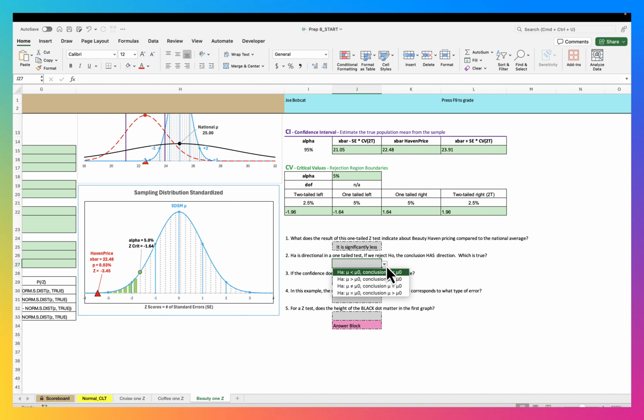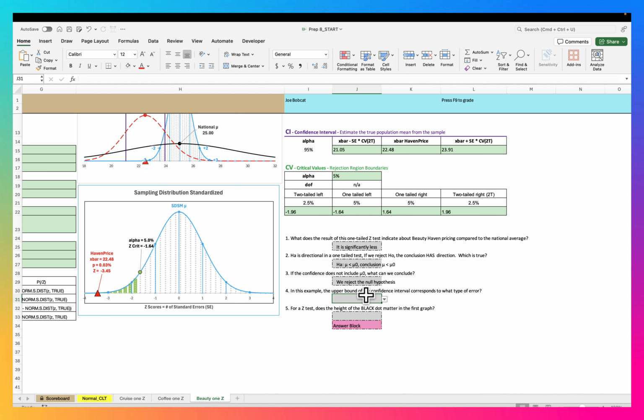So the conclusion is actually the same as HA. It's that we're less. If the confidence interval does not include the mu of the null, what can we conclude? And it doesn't in this case. So we reject the null hypothesis.